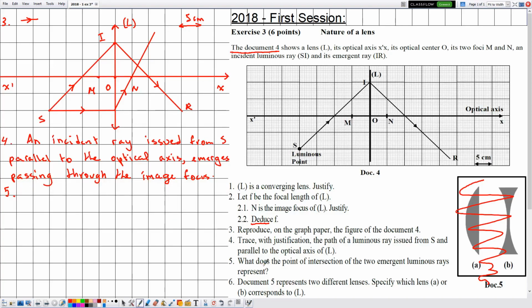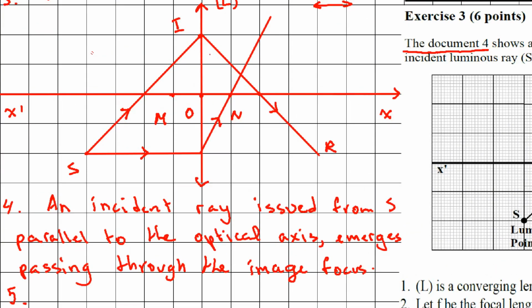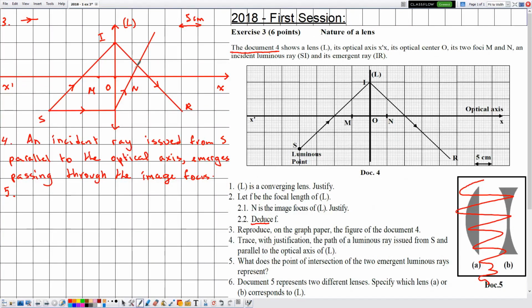Now in number 5 they are asking what the point of intersection of the two emergent luminous rays represents. The intersection of the emergent rays is always the image of the object. So this point represents the intersection of the emergent rays. These emergent rays are coming from these incident rays that are coming from the point S. Therefore their point of intersection, which is here, represents the image of S, which is given by S prime. So this is S prime.